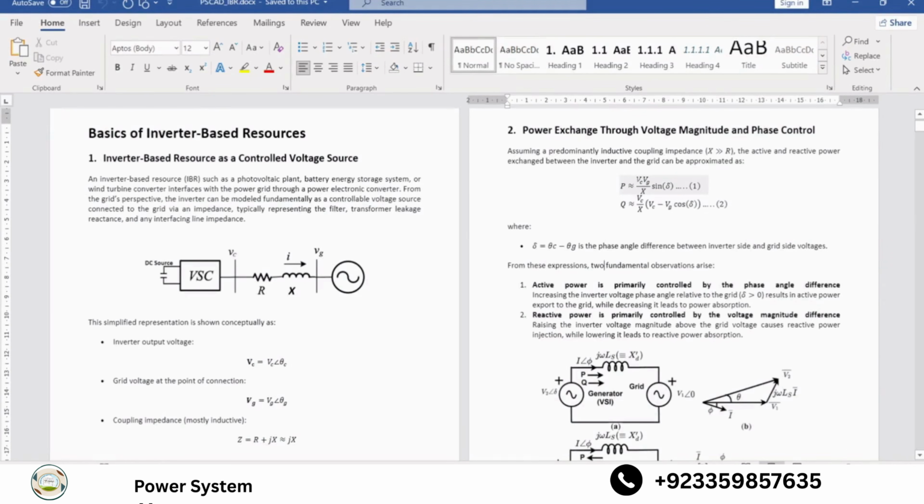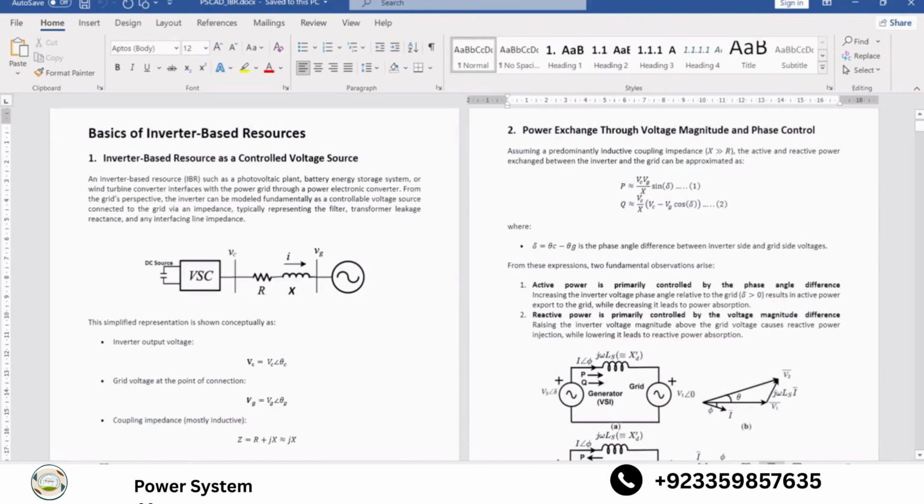So if I change the magnitude or the phase of that VC, I can control the real power, and similarly I can control the reactive power by changing the magnitude. By changing the magnitude, it has a larger effect on the reactive power and a smaller effect on the active power.